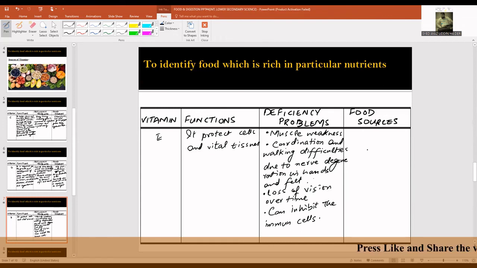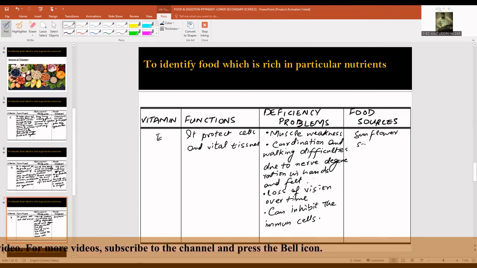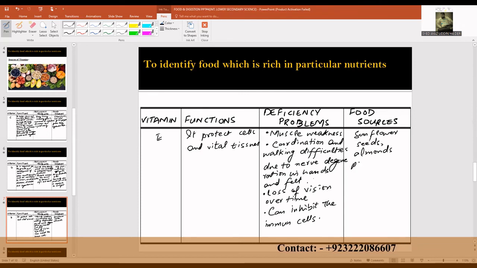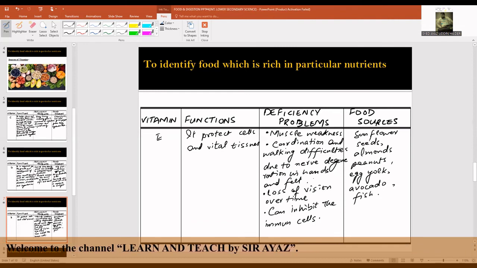Food sources include sunflower seeds, almonds, peanuts, egg yolk, avocado, fish oil, spinach, etc.